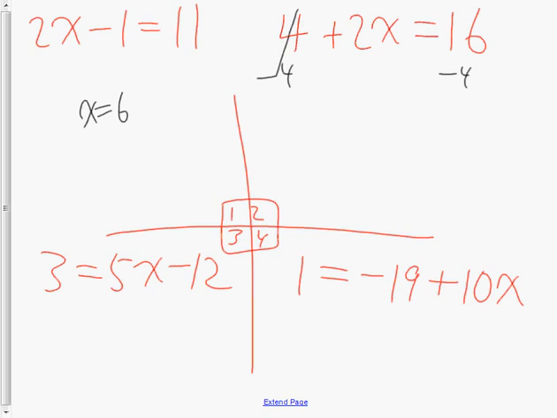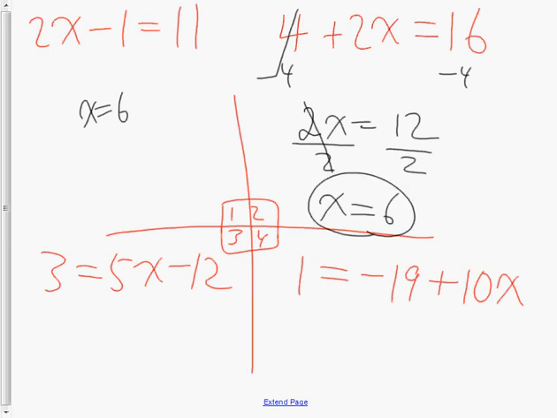That will get rid of my plus 4, and I'm left with positive 2x is equal to 12. If I divide both sides by 2, the opposite of multiplying by 2, I will have x equals 6. And that's your solution for that one.